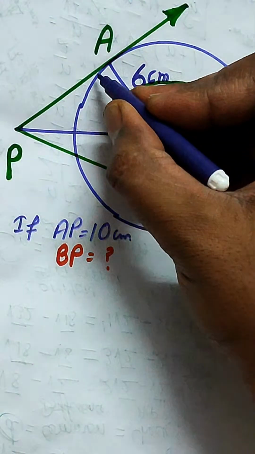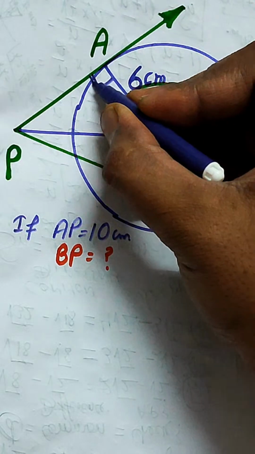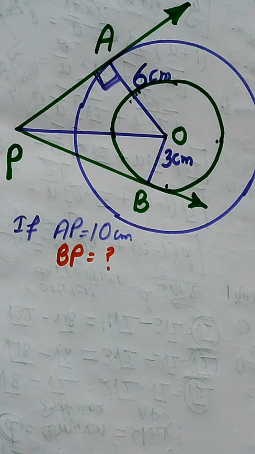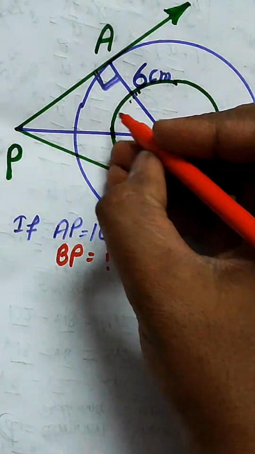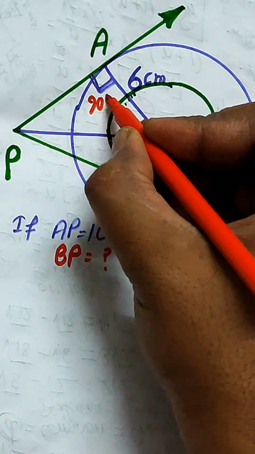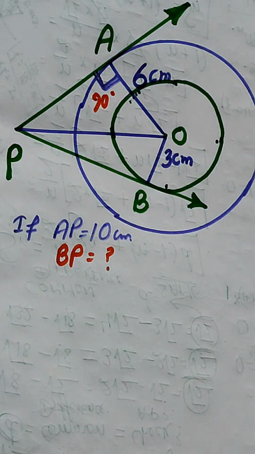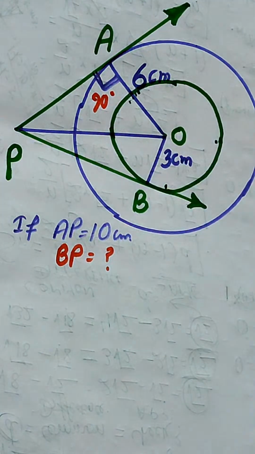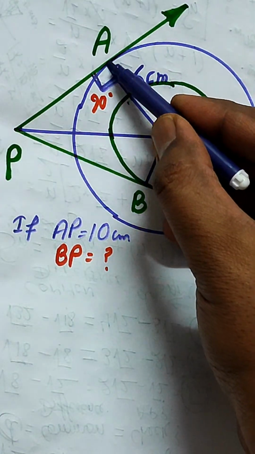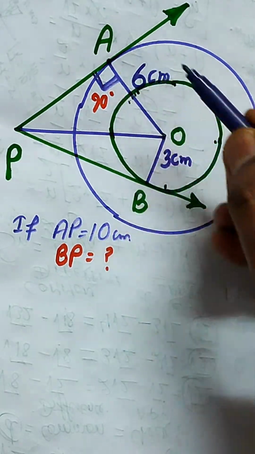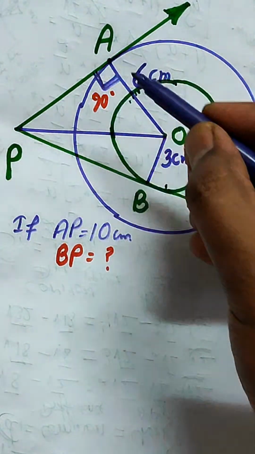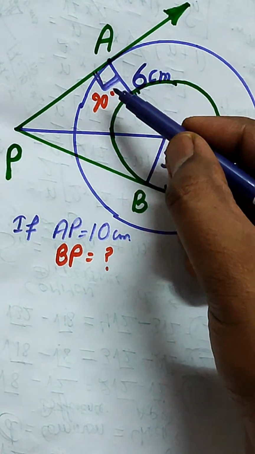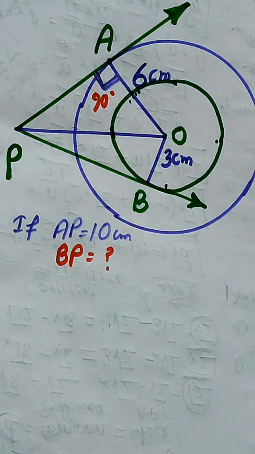If PA is the tangent, then this angle OAP will be 90 degree, because when a tangent is drawn to a circle, at the point of contact, A is the point of contact to the bigger circle, it is making an angle of 90 degree with the radius of the circle.